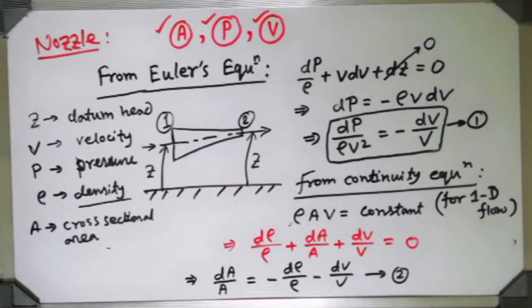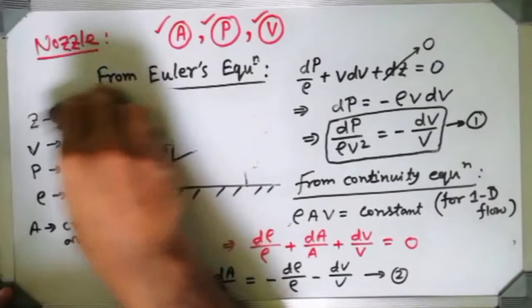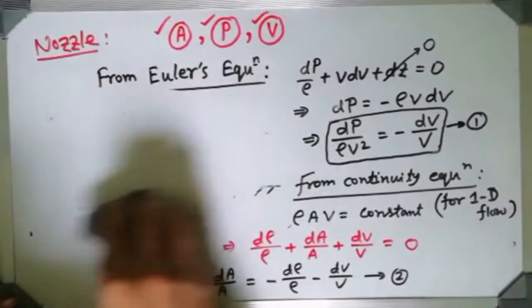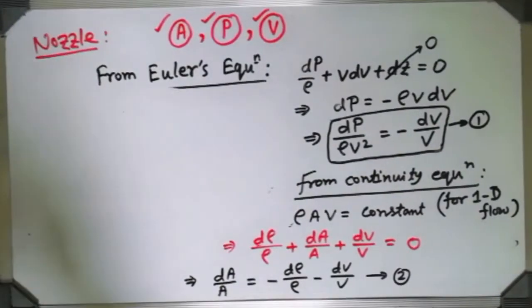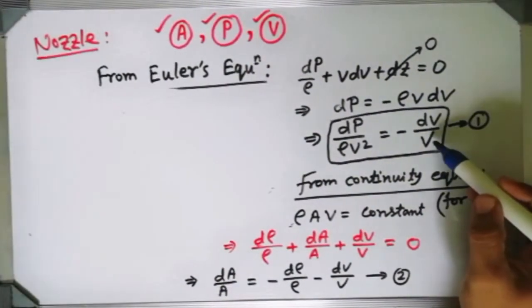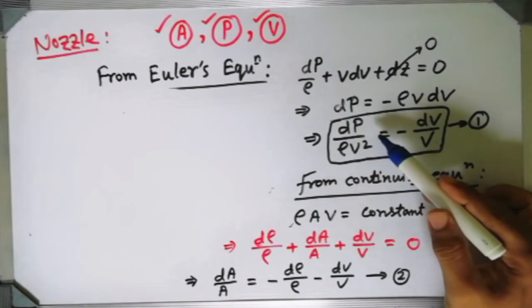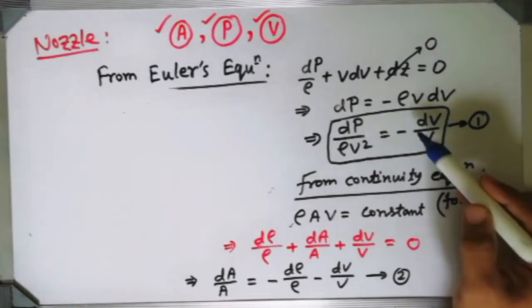Okay, and I am wiping this side, so some space is needed actually. Minus dV by V, it is written as dP by rho V square already by Euler's equation.